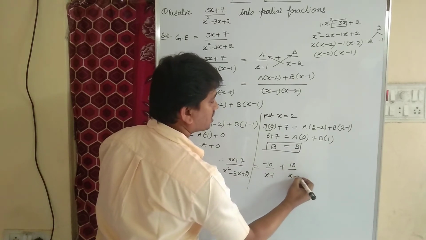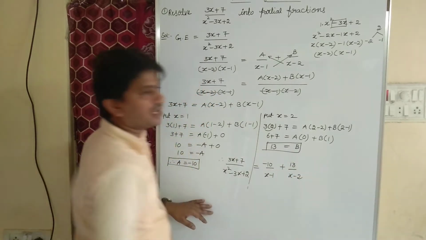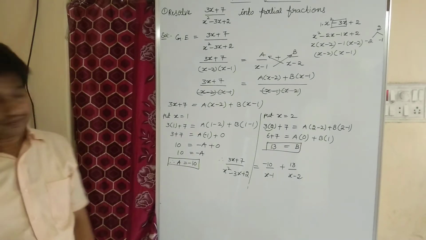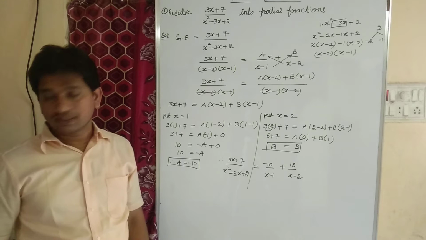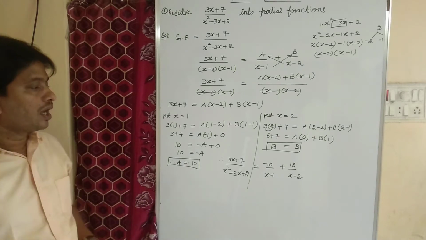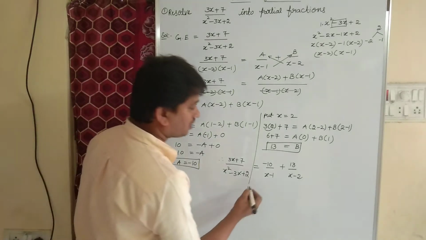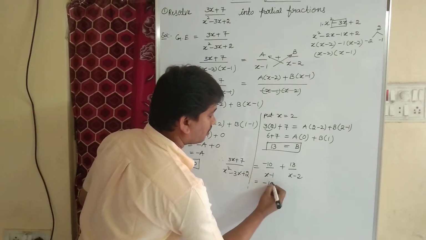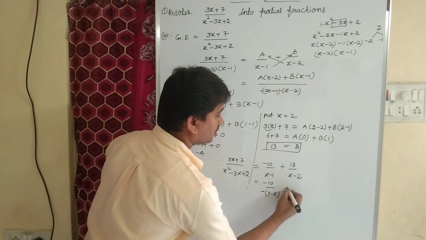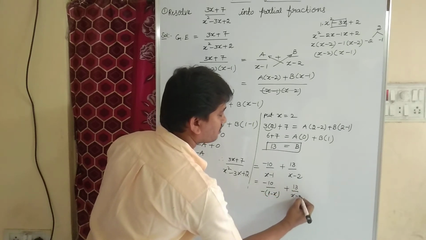The value of b is 13, so 13 by x minus 2. Is it clear, children? The answer is minus 10 by x minus 1 plus 13 by x minus 2. Okay. As we got minus 10 by x minus 1, if I take minus as common, I will get 10 by 1 minus x plus 13 by x minus 2.